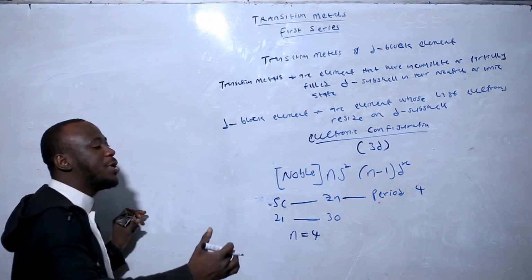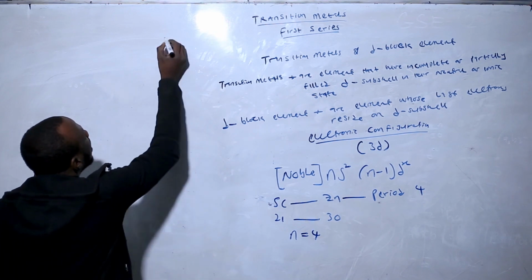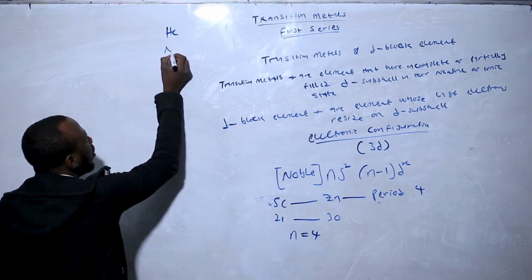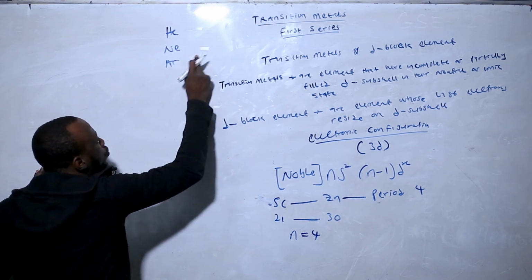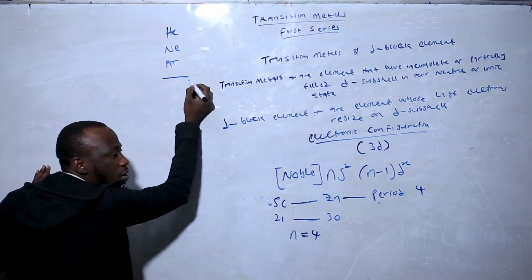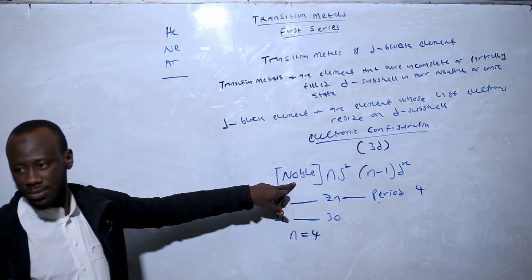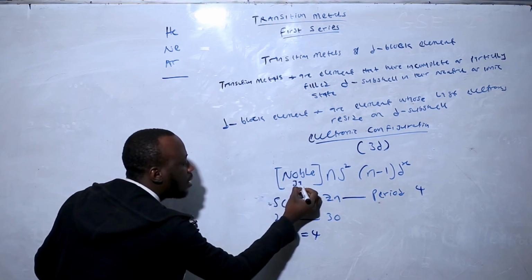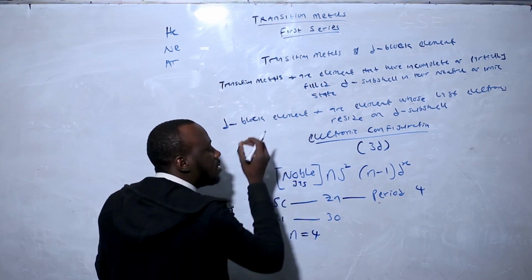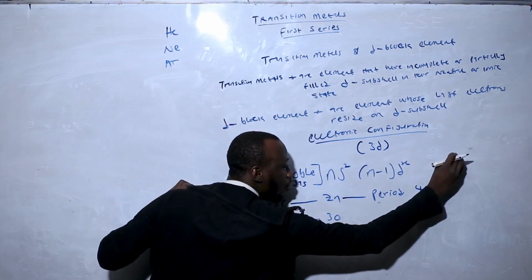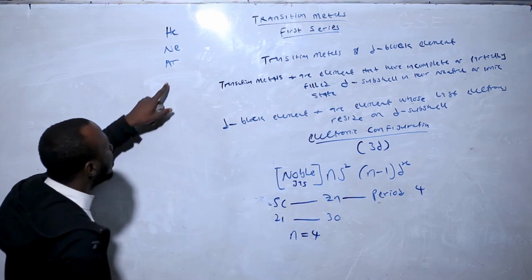The noble gas is the noble gas before the period. So the noble gas before period 4 is argon. We have helium, neon, then argon, meaning period 1, period 2, period 3. Then the next period is period 4. So since we are dealing with transition elements that belong to period 4, the last noble gas before period 4 is argon.